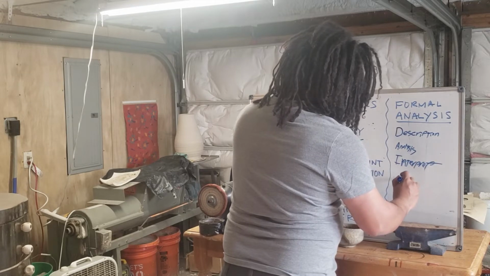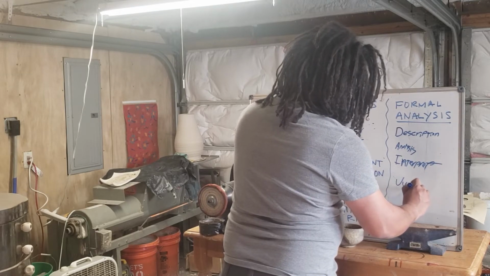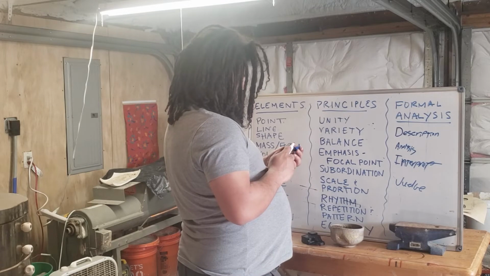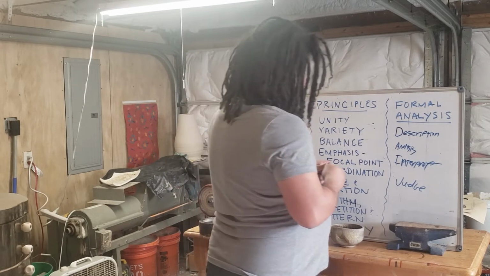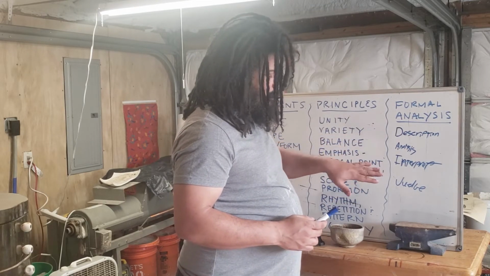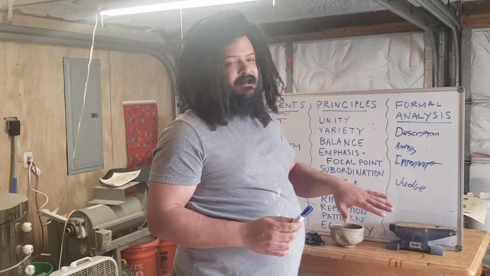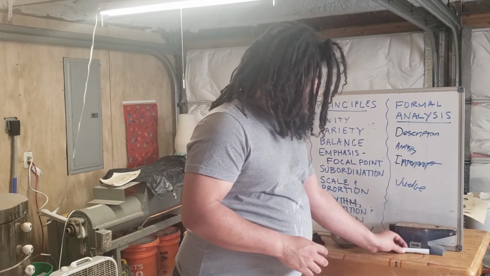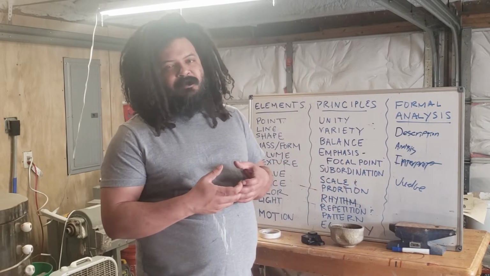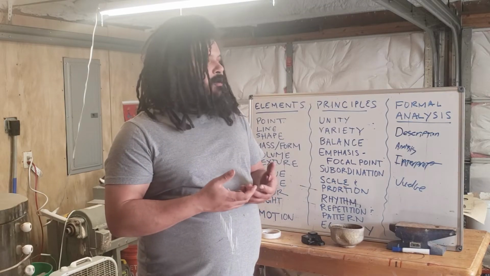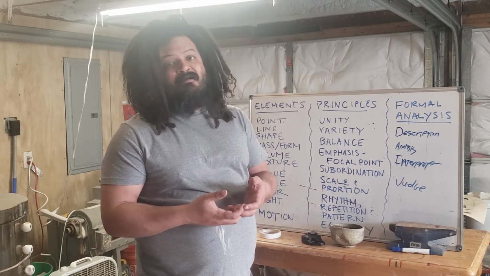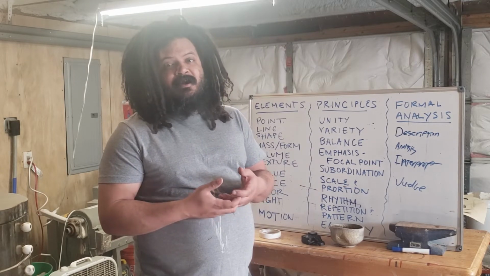And I need to be able to judge. So description, analysis, interpretation, and judgment are the four basic steps to the formal analysis. It's very important that you do come to your own conclusion in the formal analysis, which takes the form of making a judgment, but that you don't make a judgment as the first step. It's actually the last thing that you do.